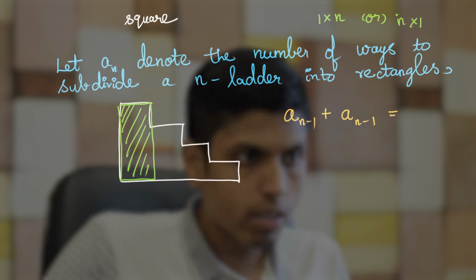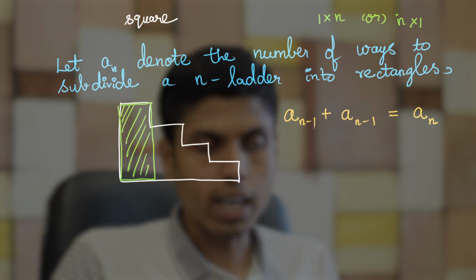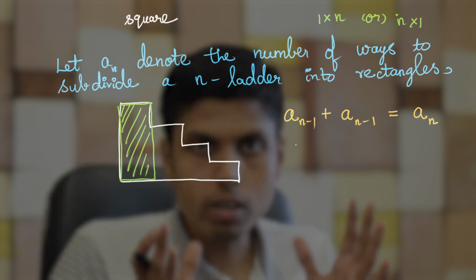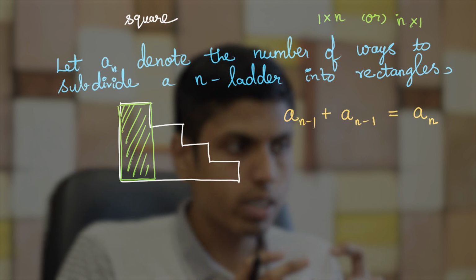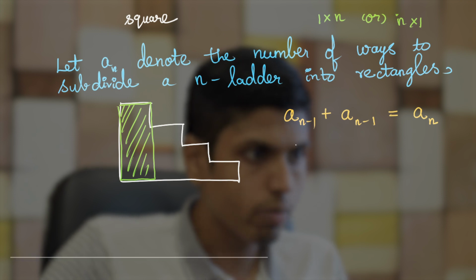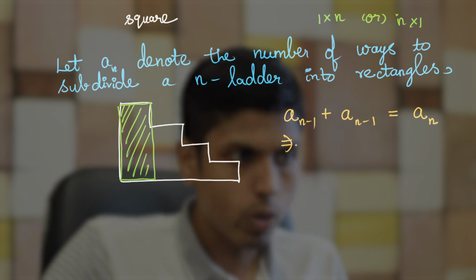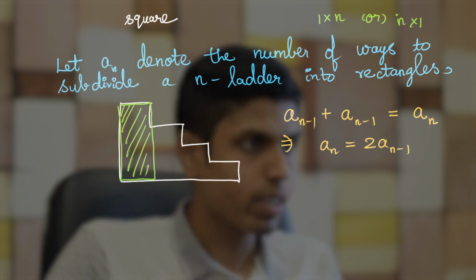Now these two give us the overall count of an n ladder, because there are no other rectangles in which the bottom left square can be. So we have considered all the ways. This implies a_n equals 2a_{n-1}. Tada! We have arrived at the recurrence.